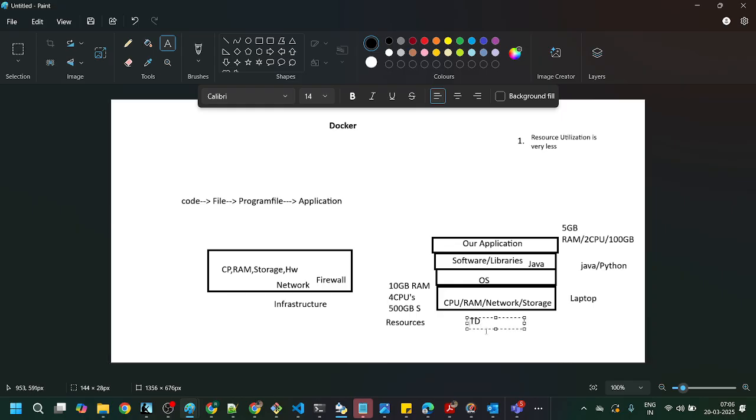In traditional deployment, you cannot deploy multiple applications into the same machine, the same instance, the same laptop, desktop, or physical machine. So in real time, what we used to do earlier is make isolation.